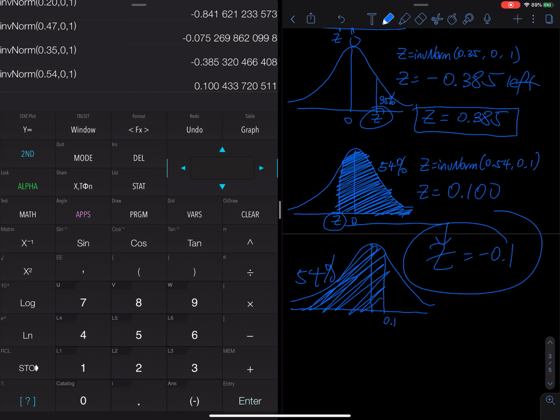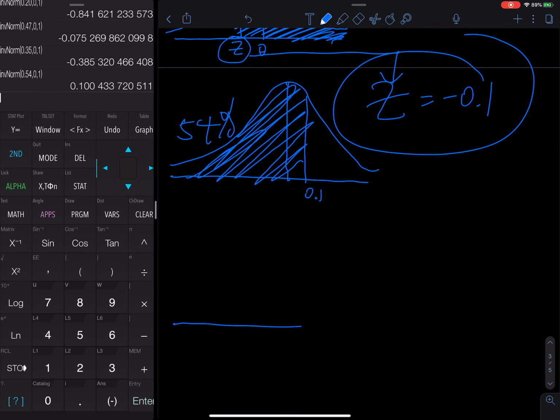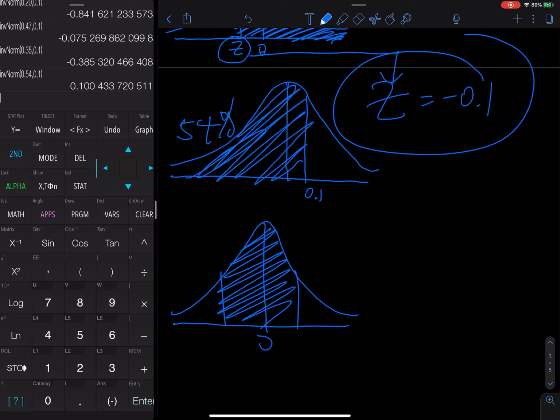And then how about 50% in the middle? So the next one we have 0, and then we have 50% in the middle. How much do we have left on this side and this side? So we have 100 minus 50 in the middle divided by 2. We still have 25% on each side, right?